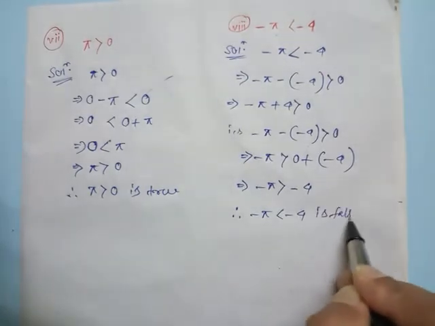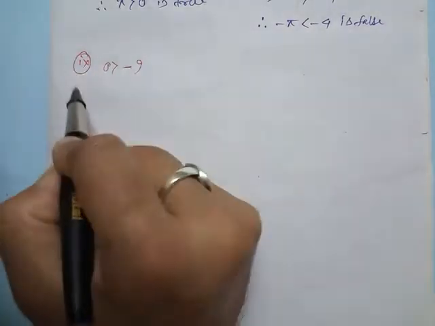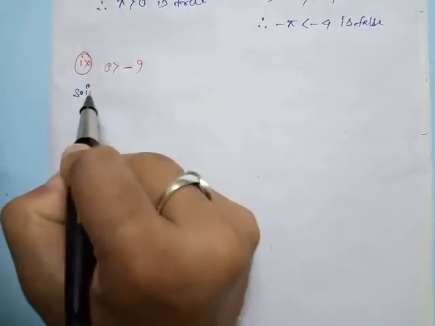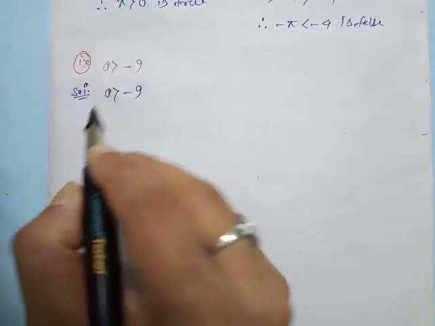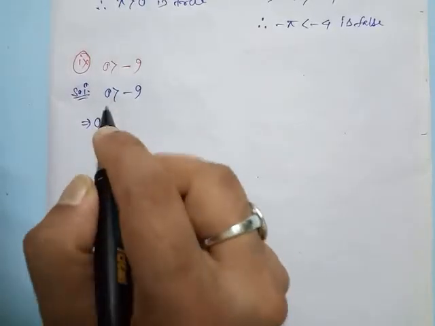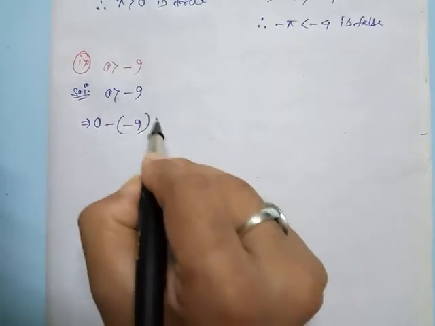Student, in the next question it is given that 0 bigger than minus 9, we have to check whether it is true or false. First of all student, I will write here solution, and I will write this question again: 0 bigger than minus 9. Next step we will write 0 minus (minus 9) bigger than 0.